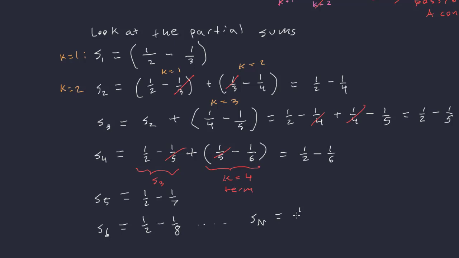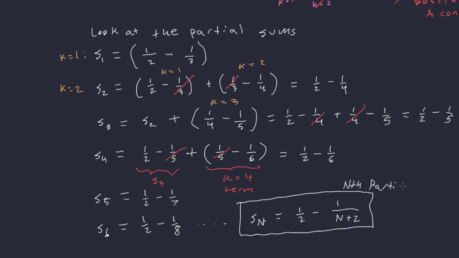S sub n will be 1/2 minus 1 over, so what are we doing? 1 goes to 3, 2 goes to 4, 3 goes to 5, 4 goes to 6, 5 goes to 7, 6 goes to 8. We're adding 2. So n should go to n plus 2. Okay, so this is a pattern for the nth partial sum. Here we go, the nth partial sum.